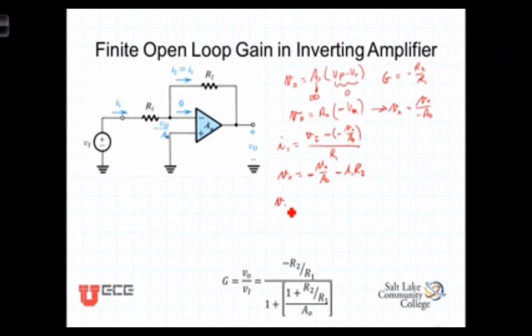We have V out equal to negative V out over A naught minus R2 times I1, where I1 is this expression right there.